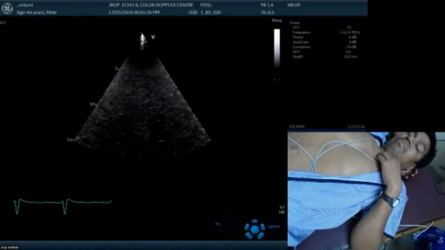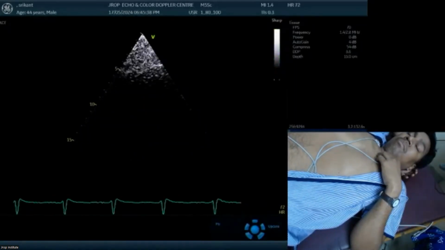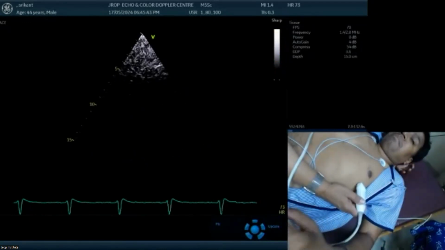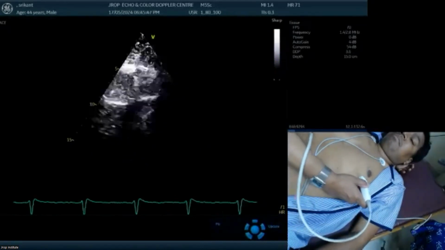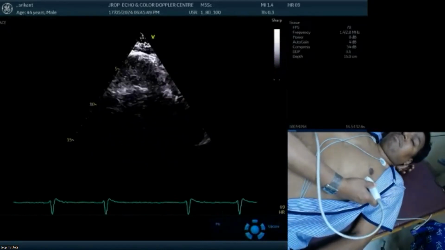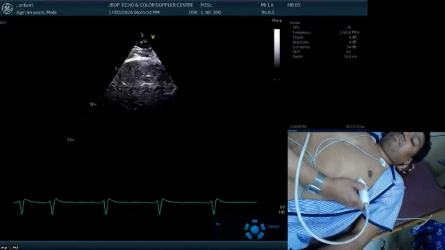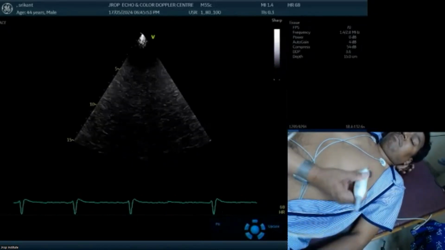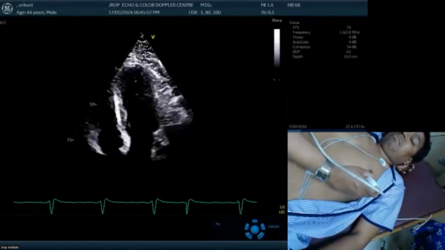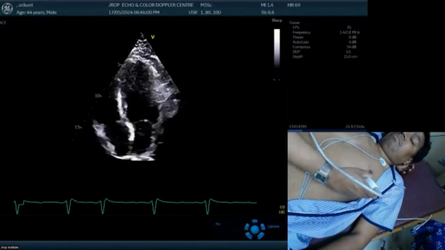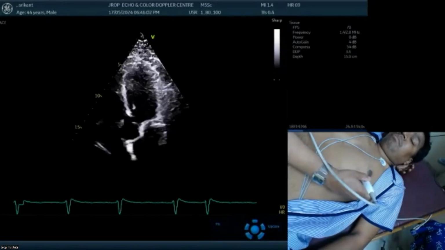Next, from this Nyquist limit, we go to the apical window. Keep your probe as parallel to the heart as possible, as I told you earlier also. I'm almost parallel to the heart. Now look, I opened my aorta.